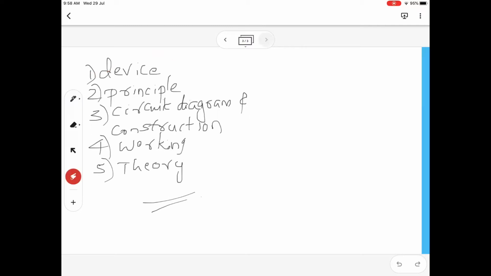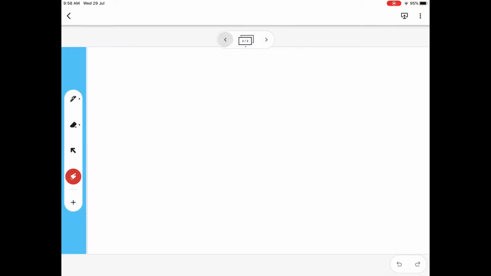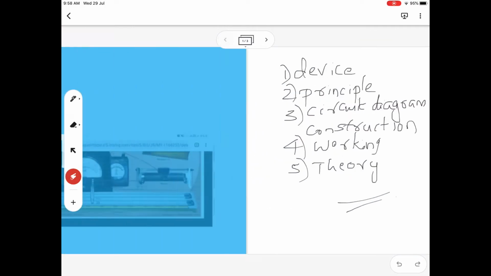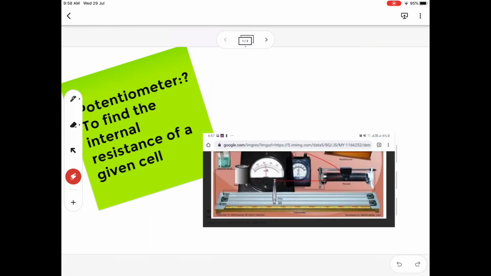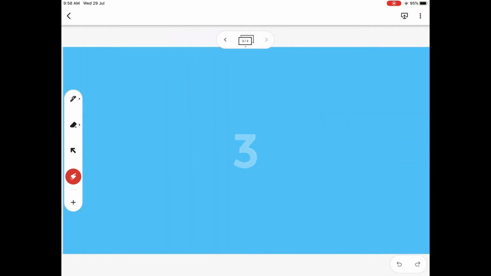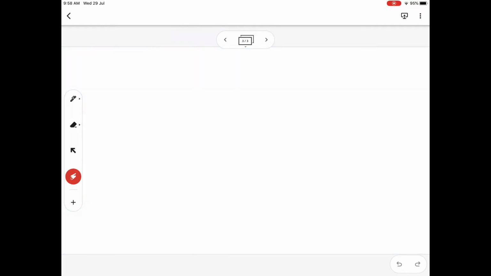So first about the device, that is, the potentiometer. What is it for? Measuring potential difference. Specifically it is for measuring potential difference between the terminals of a cell when it is sending no current. So that is what we say, the potentiometer measures EMF.